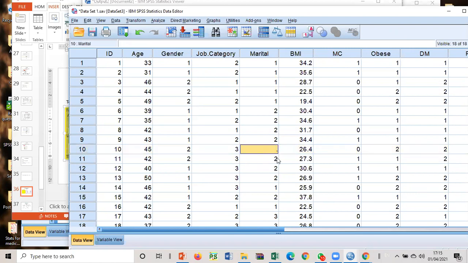This person did not tell his marital status. Can I simply put married? Cannot. So we don't know. When you don't know, the data is not valid. We leave it blank. We can't make any judgment for it, right?